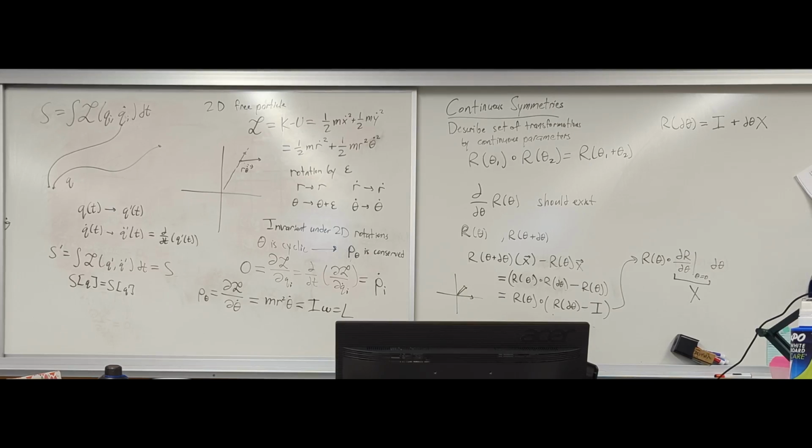So d theta is this infinitesimal, and the typical idea with infinitesimals is that they're so small that if we just add them one after another, we can generate pretty much any number we like. That's an informal idea of infinitesimals.